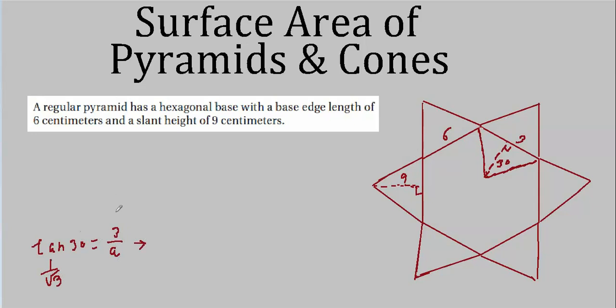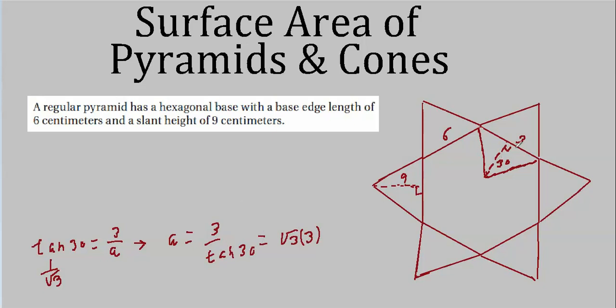So first we can write a equals 3 over the tangent of 30. But if tangent of 30 is 1 over the square root of 3, we just have to flip it and multiply and get root 3 times 3. Oh, okay, that gives us this length here.